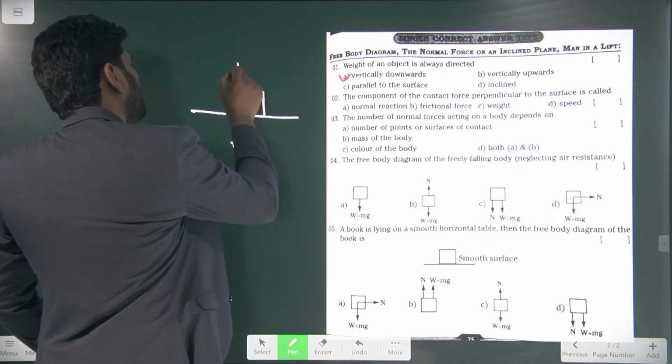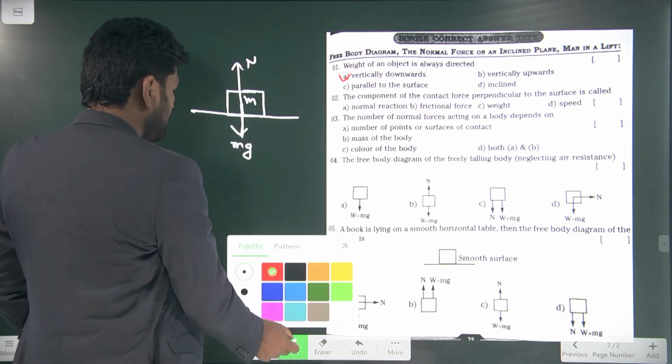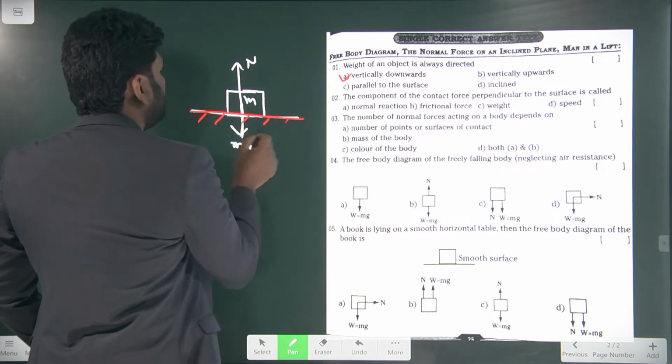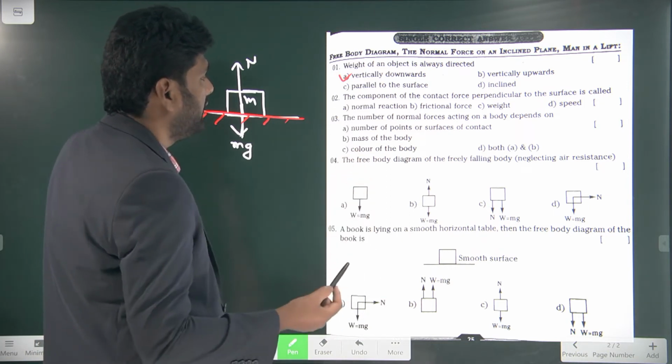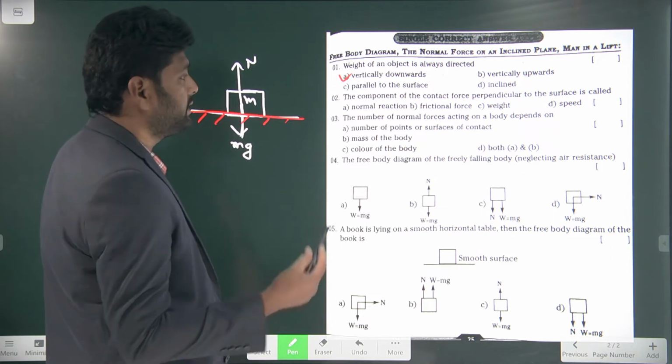Normal reaction acts in the upward direction. But observe the thing here. This is a surface. For this surface, which force acts normally, perpendicular and upward?